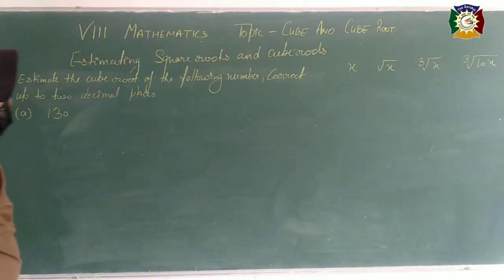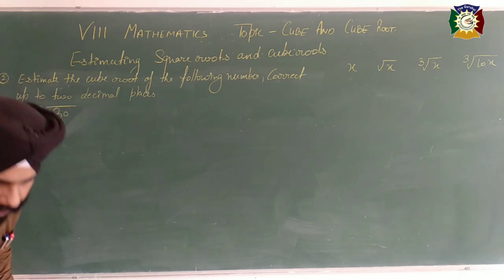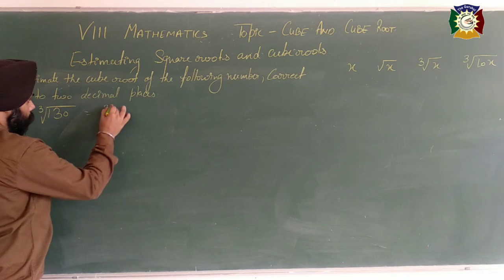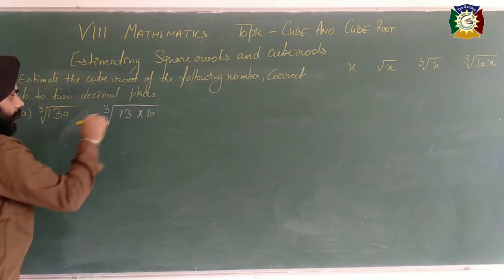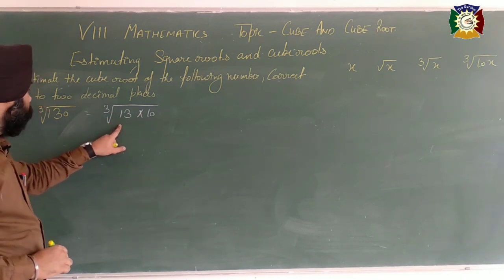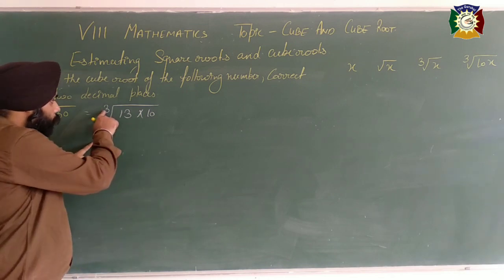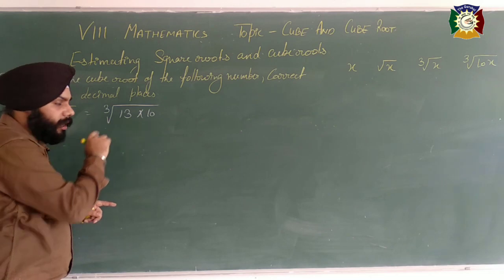This number can be written as the cube root of 13 into 10, or 10 into 13. So the number is in the form of the cube root of 10 times a natural number, that is 13.